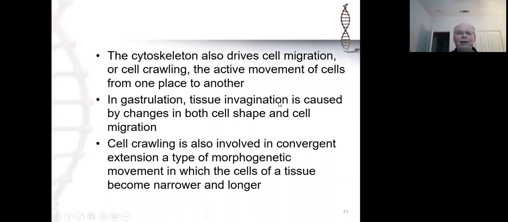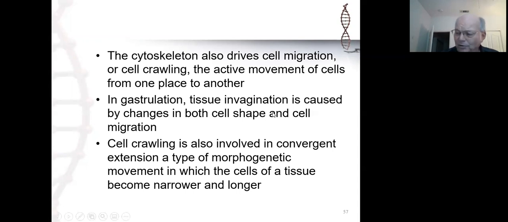At the same time, however, we also need to recognize that cells crawl, and crawling can be in two forms. One could be literal migration of the cells from one location to another, which we've talked about a little bit in terms of gastrulation. But it could also be movement of cells to rearrange the layers of cells into a tissue into something different.